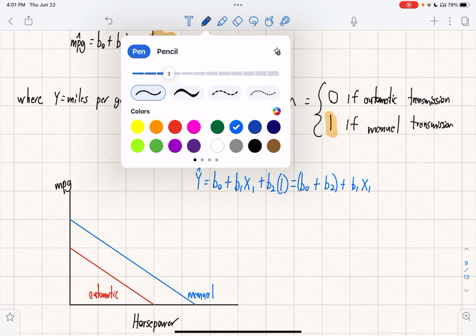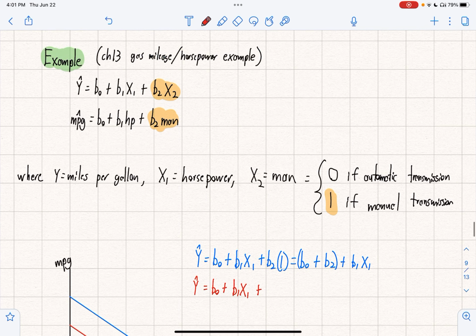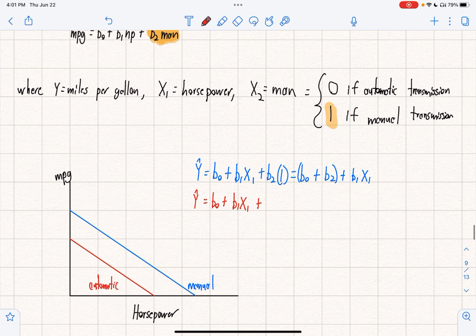Okay, so now let's do the same thing, but for automatic. So we would have y hat equal to b naught plus b1 x1, or horsepower, plus b2 times 0, because now we're plugging in 0 for x2. Well, anything times 0 is just 0.